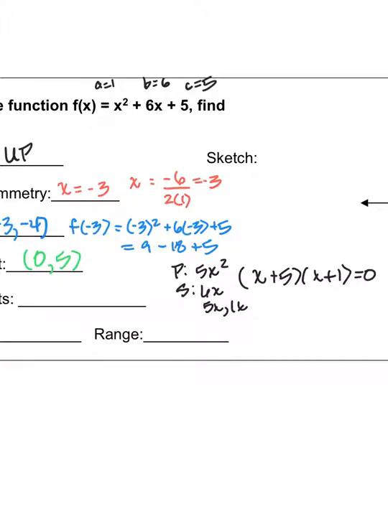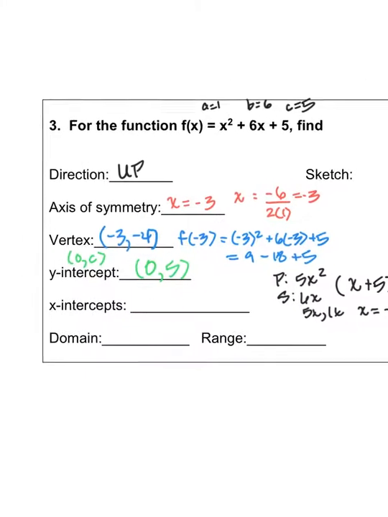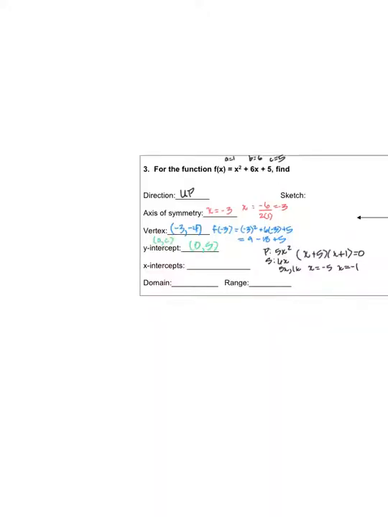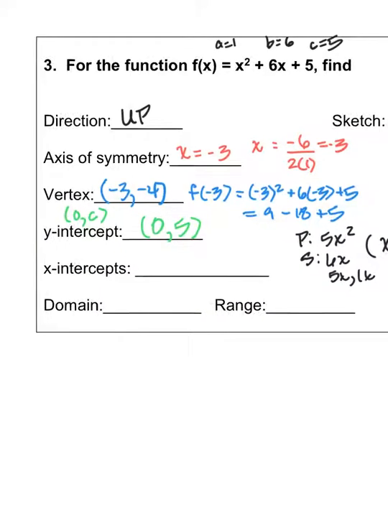And so that means that my x-intercepts are x equals negative 5 and x equals negative 1. And so we're going to write those as ordered pairs because we're graphing. So that would be negative 5, 0, comma, negative 1, 0.